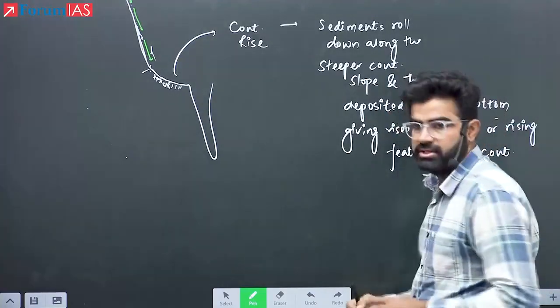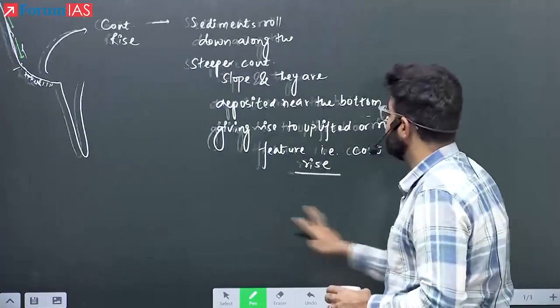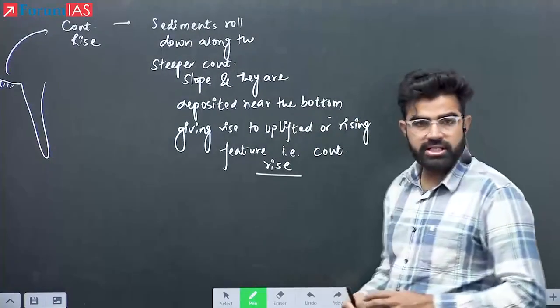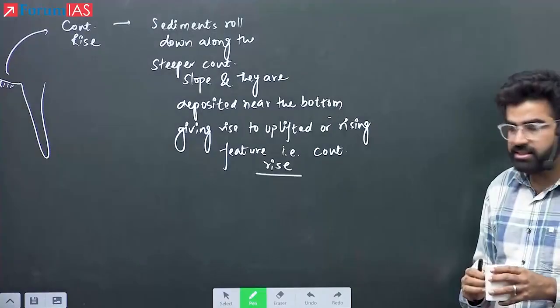That is nothing but our continental rise. So these are the parts of the continental margin. All these four are the parts of the continental margin.